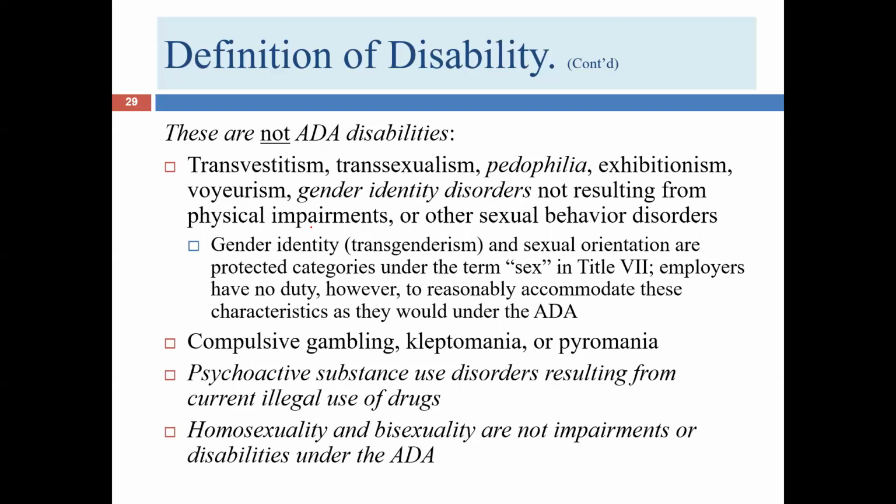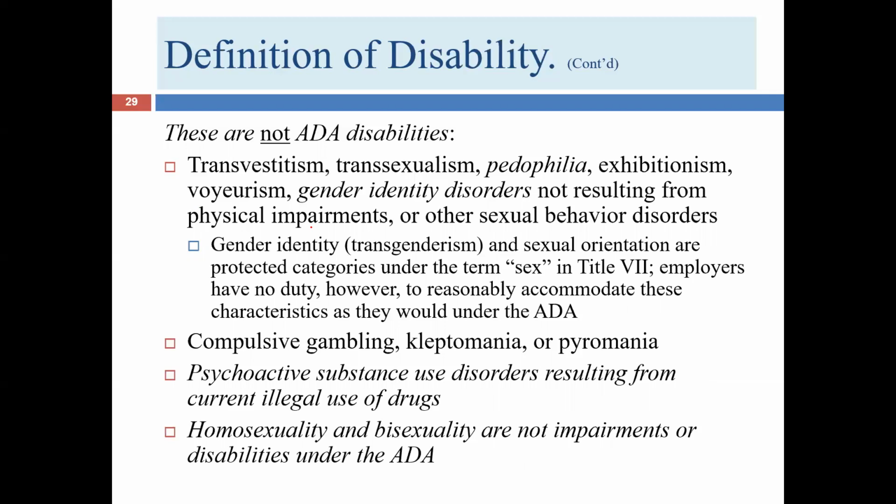Also, the person who is experiencing this condition, if they've had a physical impairment, for example, an injury that has caused them to have a gender identity disorder, perhaps part of their anatomy had to be removed because of cancer or because of some kind of injury, then that person could potentially be covered by the ADA.